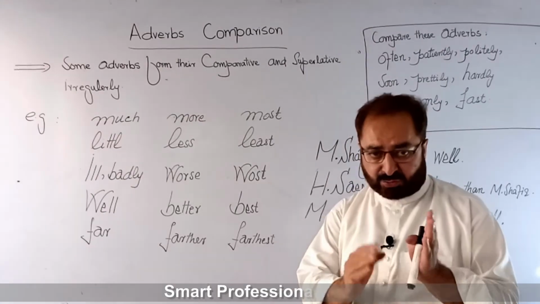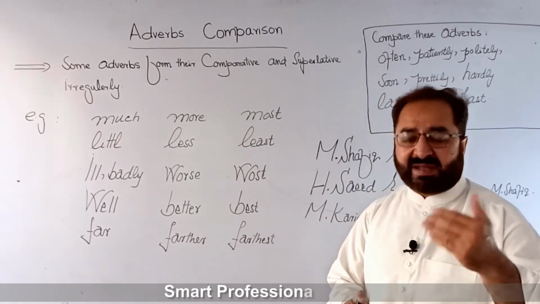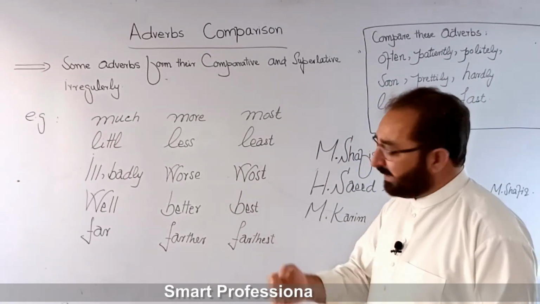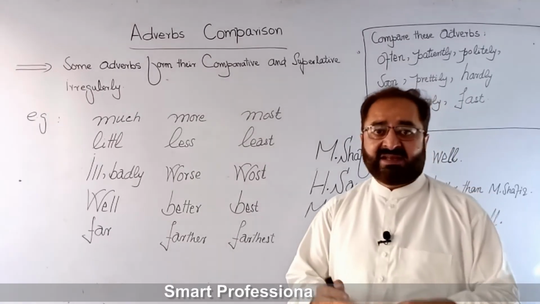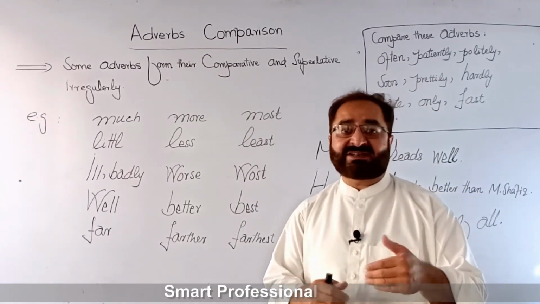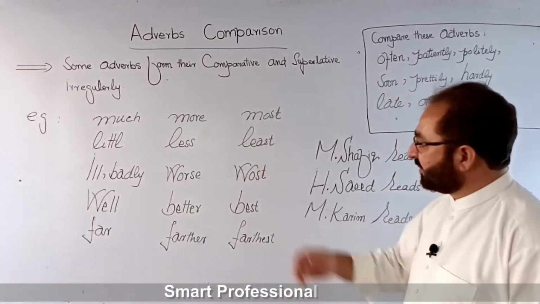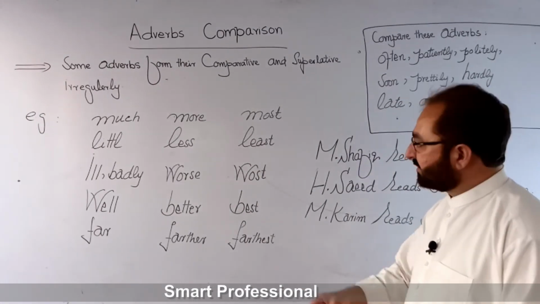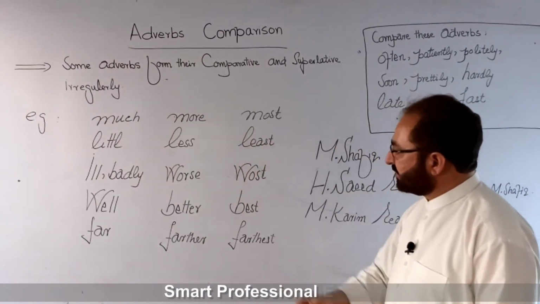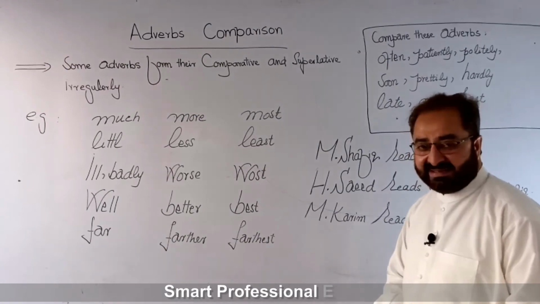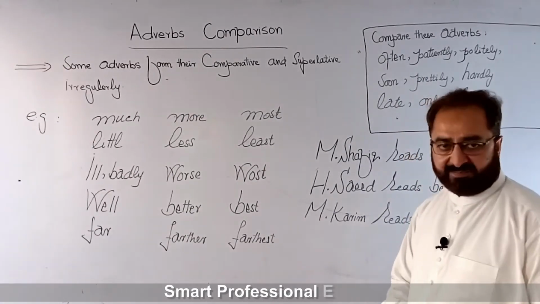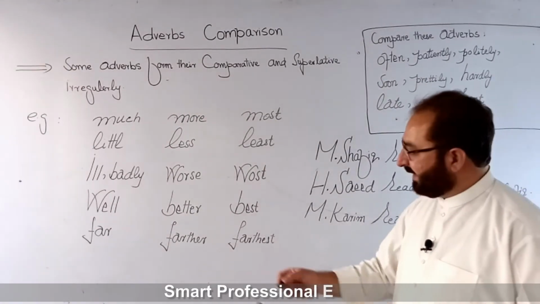We have some adverbs which form the comparative and superlative degree in an irregular way, by internal change. Look at much, more, most; little, less, least. Ill, or we may say badly.